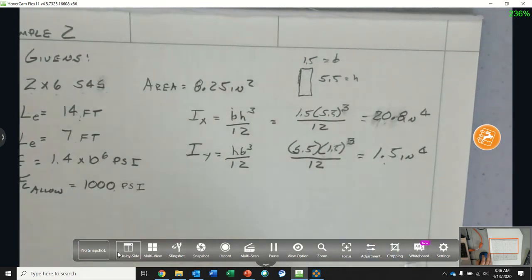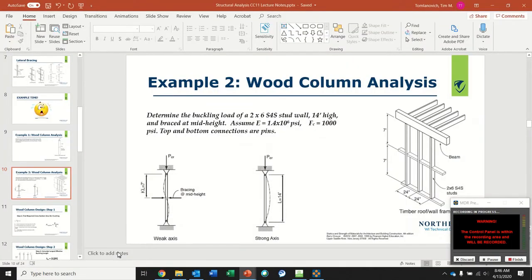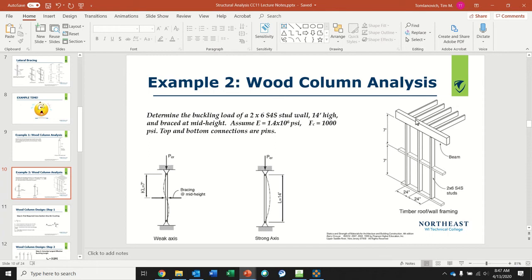Now looking at the problem, we know the weak axis. My x-axis is this way, so it's not going to buckle out into the page, but it's going to buckle in towards the bracing inside. That's how studs will buckle.